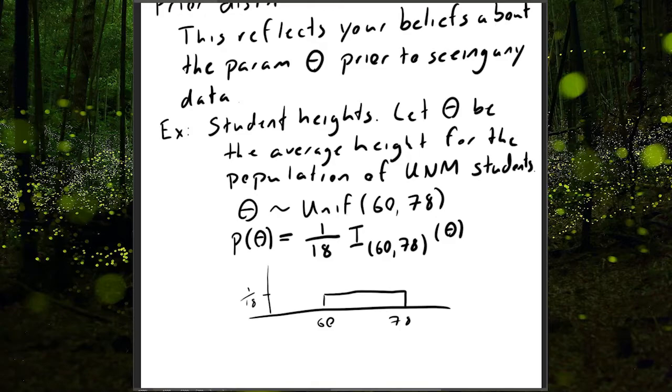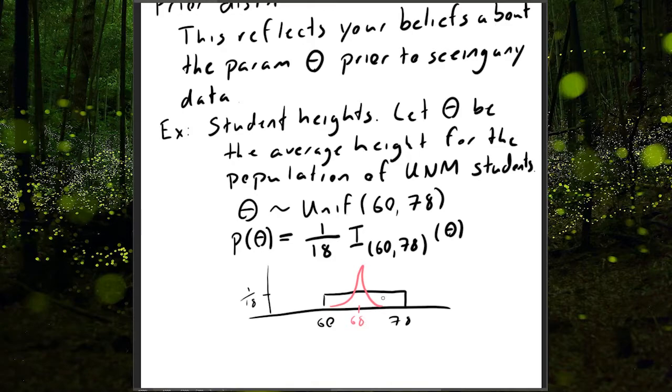Now, obviously, I could consider a distribution that's supposed to be normal-ish, a bell curve, that peaks around some value in the middle here, like let's say 68, because I have to include both men and women, and so the average height for everybody at UNM, both men and women included, might be about 68 inches, 67 inches.